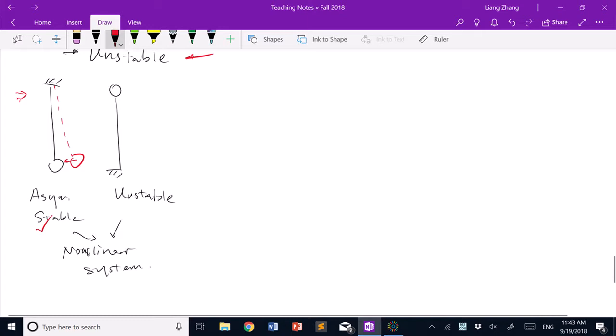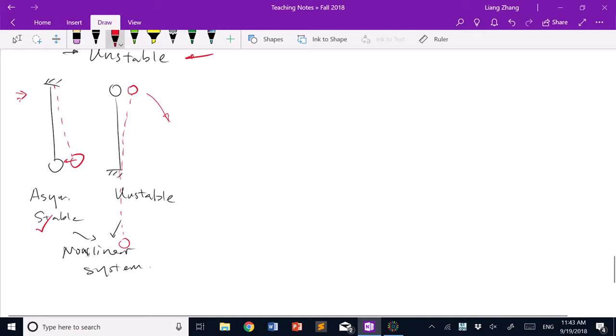But for the other one, if you move a little bit away from this equilibrium and let go, apparently it will fall down and eventually go back to the other equilibrium because there's friction, but will never return. So it's an unstable system.